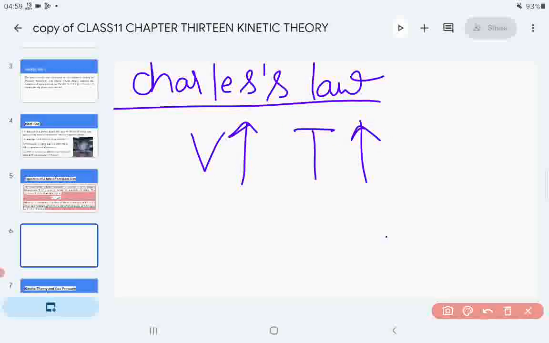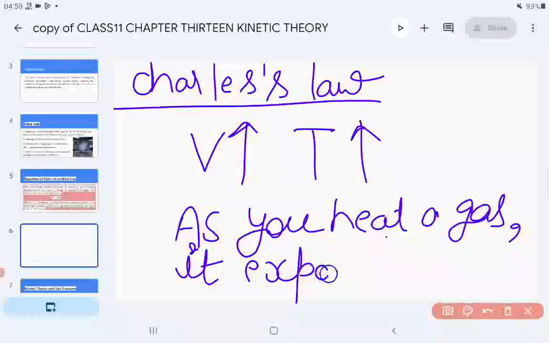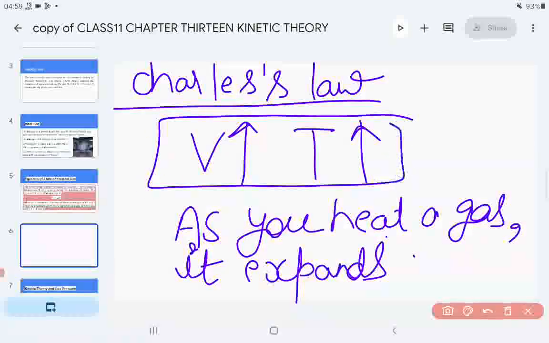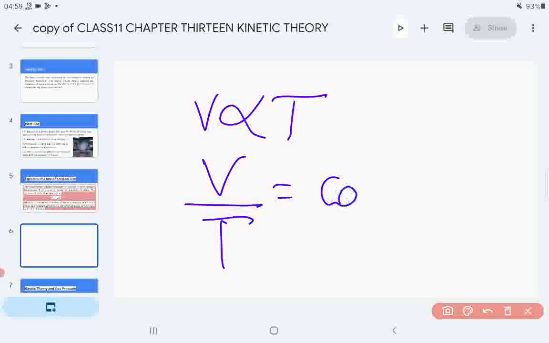Means as temperature increases, as you heat up a gas, it expands. Means temperature increases, volume increases. Or you can say that volume is directly proportional to temperature, or V by T is constant.